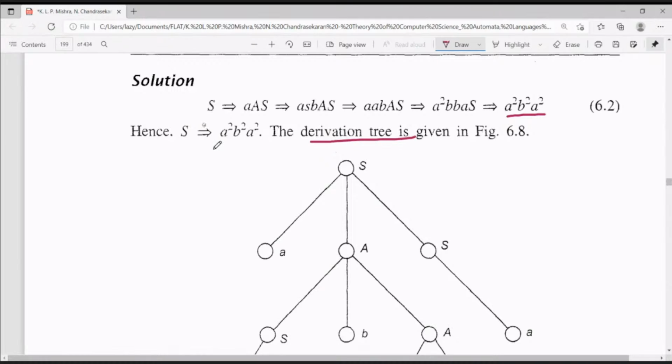The derivation tree for that particular derivation can be drawn like this.